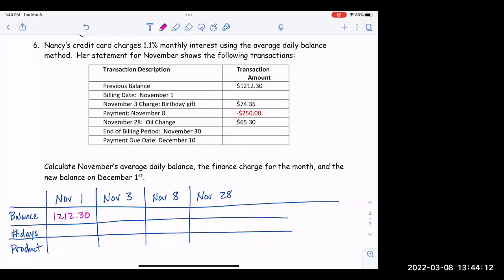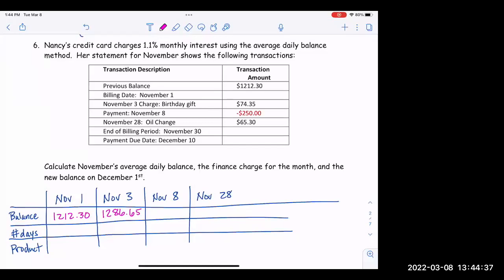We would add the $1,212.30 to that charge of $74.35, and starting on November 3rd, my new balance would be a little bit higher. This is $1,286.65. Then it would stay at that balance until the next thing comes through.